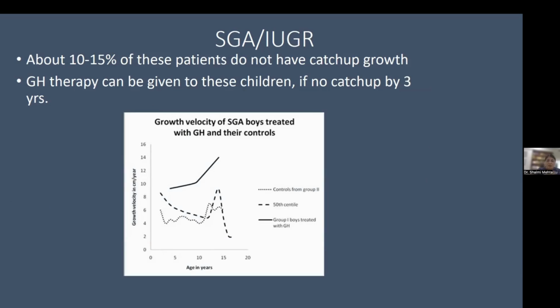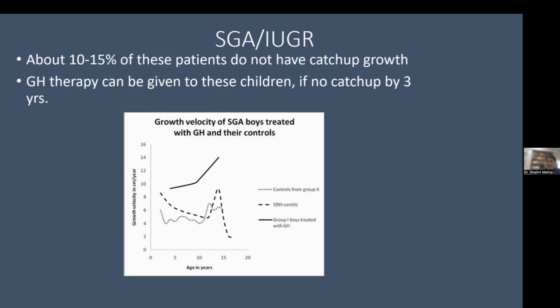Now, remember, 80% of these babies will have catch-up growth by 3 years. But there are still 10 to 15% of the babies who will not have catch-up growth, and they will always be on the lower percentiles for their genetic potential, or even less than the third percentile.